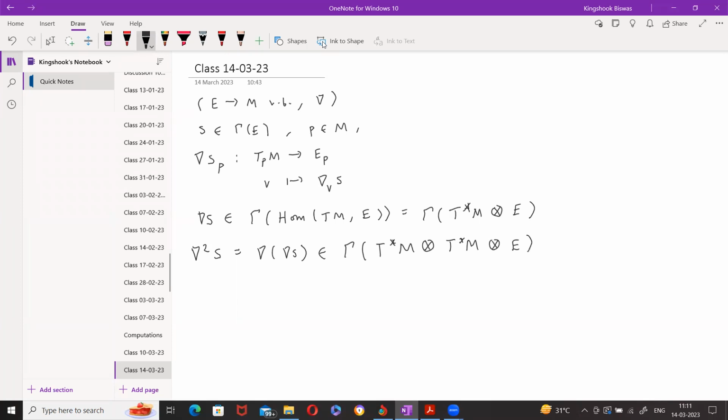Similarly, I can apply the covariant derivative K times. This would be the kth derivative of S. What would this be a section of?